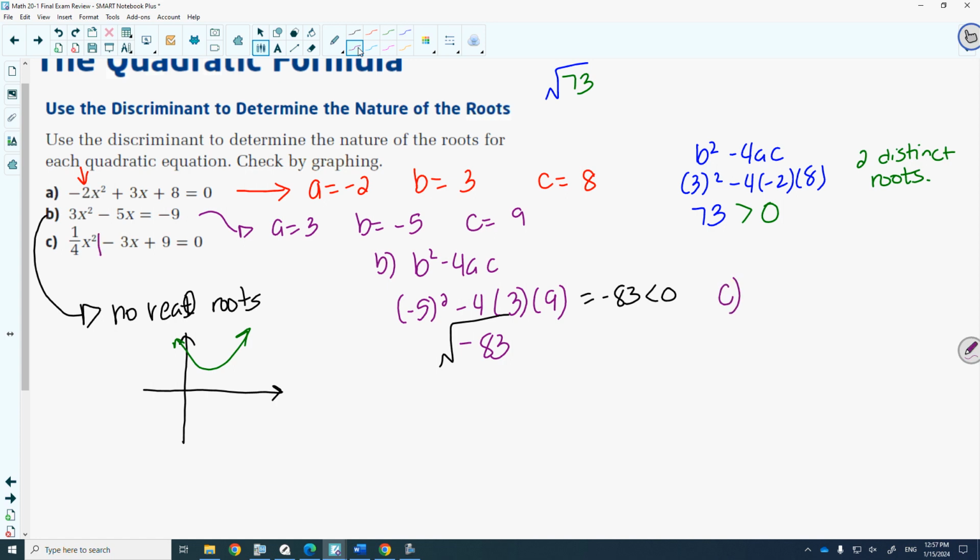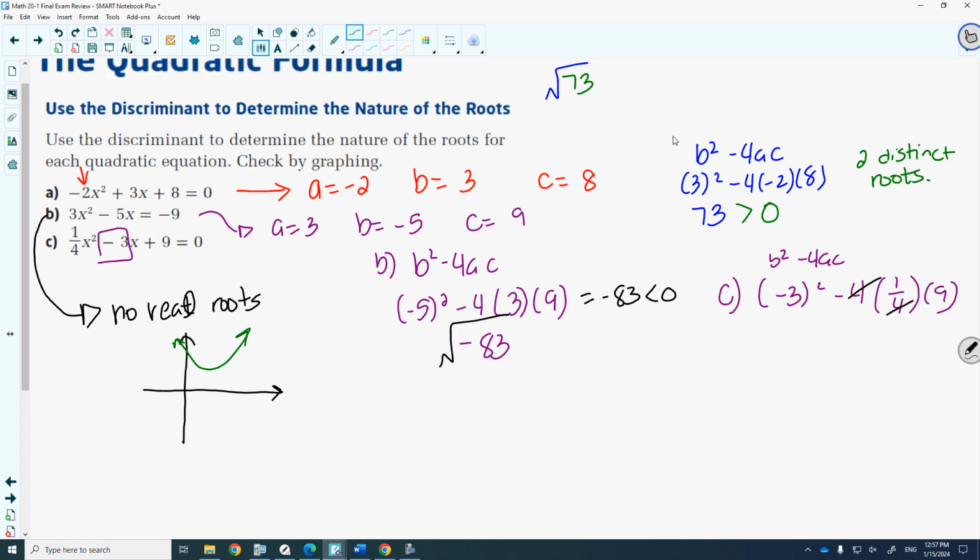So b squared, so -3 squared minus 4, a is 1/4 and c is 9. This will be the 0, right? 4 over 4 will cancel. -3 squared is 9 minus 9.